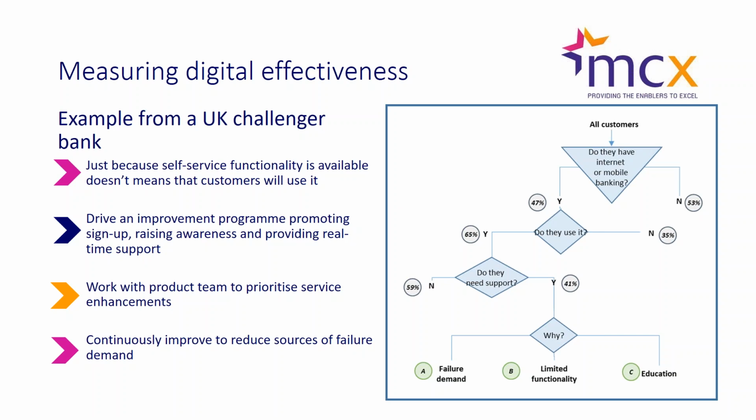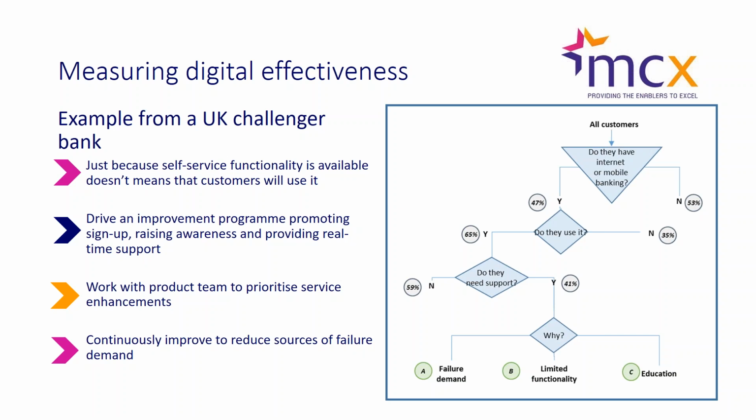And really it's the left-hand numbers that multiply together in terms of the genuine self-serve completion. So you have to have access to the application, be confident using it and be able to use it yourself without support. And in this particular scenario, they tracked the fallout from the current use of the functionality they had.